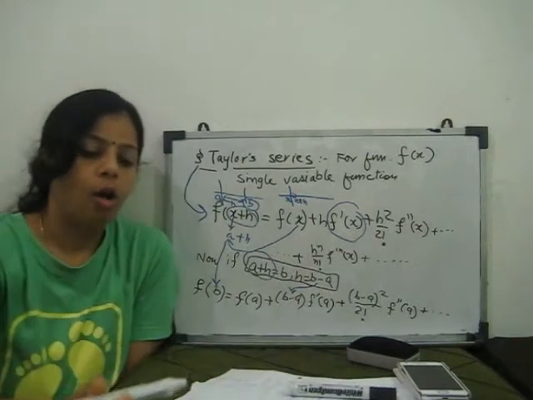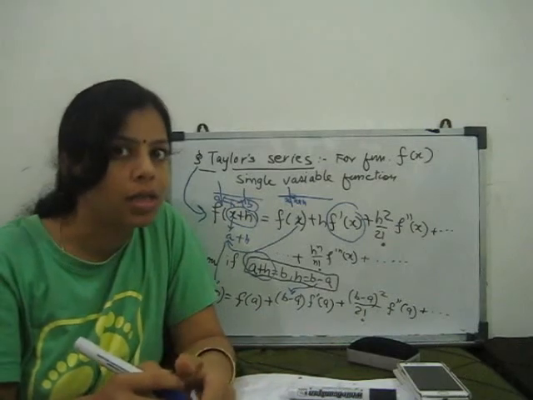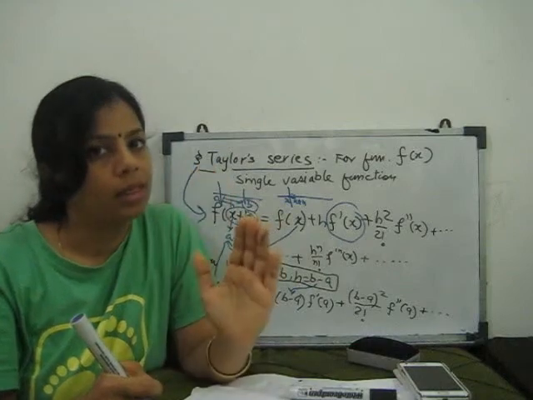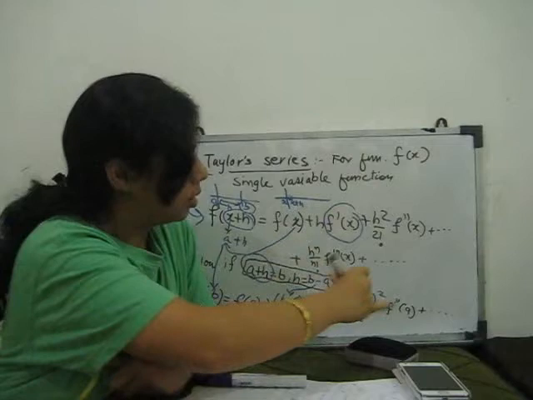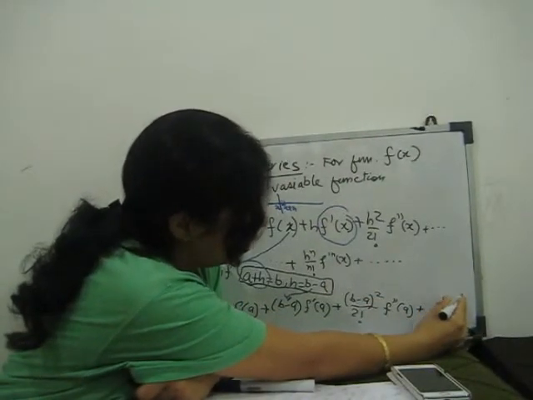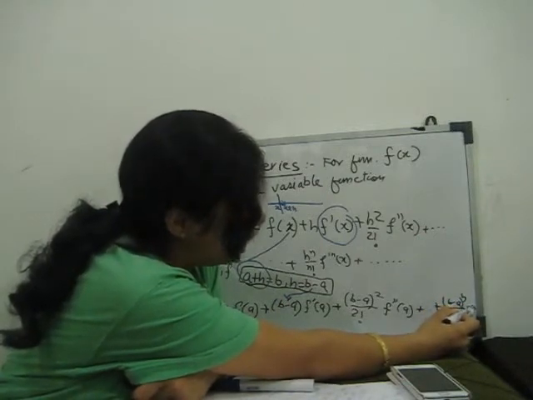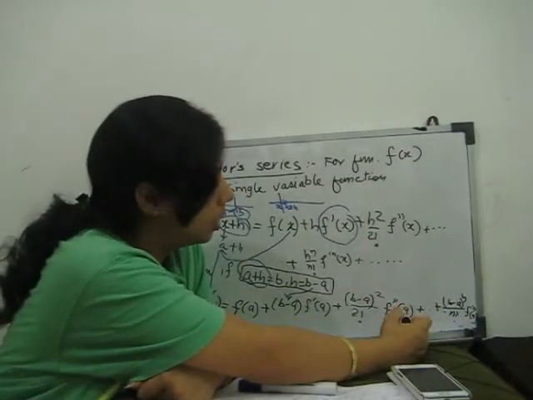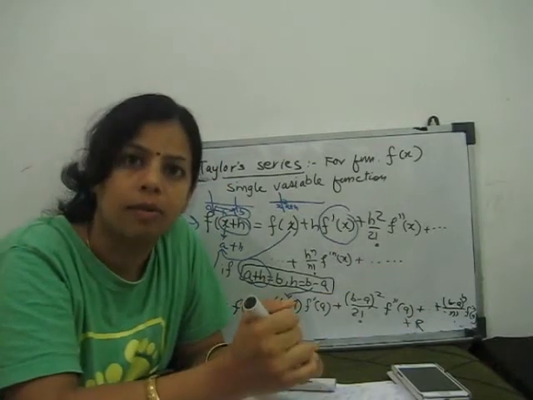So f(b) equals f(a) plus (b minus a) f dash a plus (b minus a) whole square upon factorial 2 f double dash a, and so on. Now if we talk about Taylor's theorem, we can terminate this series up to the nth term. The nth term is (b minus a) to the power n upon factorial n times f to the n at a, meaning we have to differentiate n times, plus there is one remainder term, the n plus 1th term.